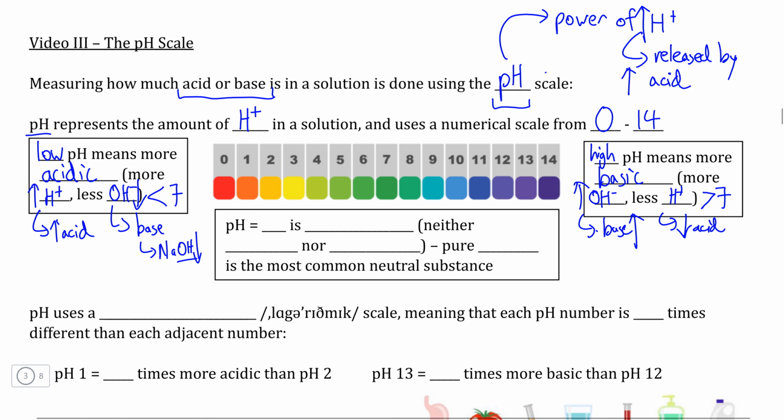Now, you'll notice with our pH ranges, we specifically defined the acid range as less than 7, not less than or equal to 7, and the base range as being greater than 7, but not greater than or equal to 7.